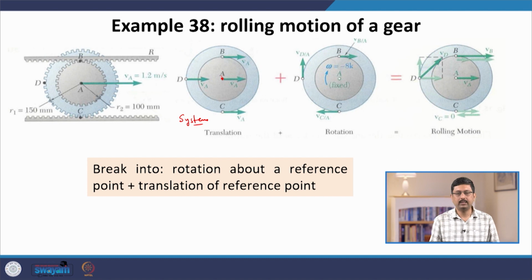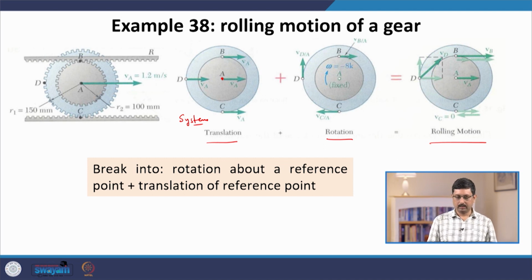We will take this center point A as our reference point, which is moving with some velocity V A. This is the translation piece, and every point on this gear is rotating about A. That is going to be our rotation piece. If we combine these two pieces, we get the full motion of any point on the gear with respect to the lab frame. This is our so-called rolling motion of a wheel. So, this is our strategy.